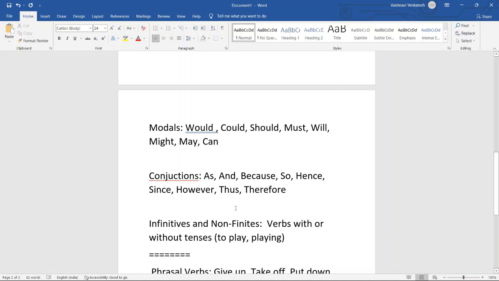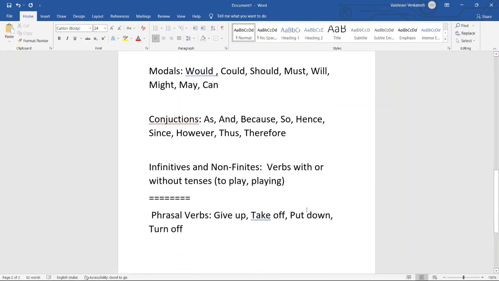And then comes infinitives and non-finites. Infinitives and non-finites are tenseless and tensed verbs. These verbs may have tenses and may not have tenses. For example, for verbs without tenses, that is non-finites, you will have to play, and for words with tenses, that is infinitives, you will have playing.